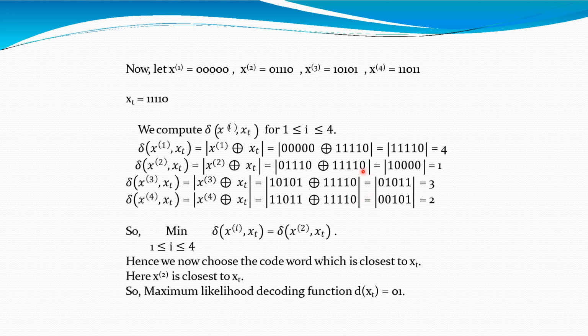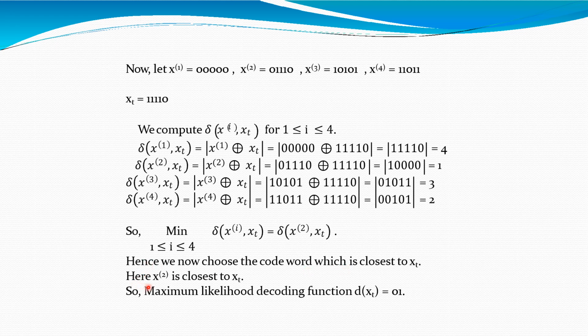So minimum distance is 1 and it is for x2. So in that algorithm xs is x2 here. So minimum of delta(xi, xt) is nothing but delta(x2, xt). Now what is x2? It is 01110. Hence we now choose the code word which is closest to xt.